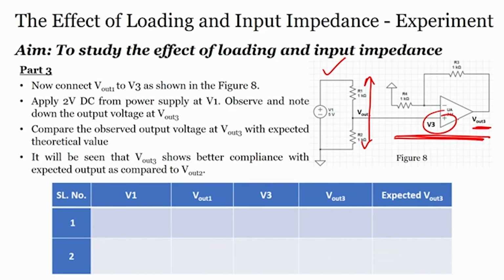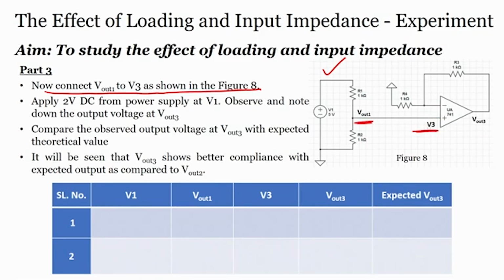Connect V out 1 to V 3 as shown in the figure. Apply 2 volts DC from the power supply at V 1. Here, instead of 5 volts, we are applying 2 volts DC.